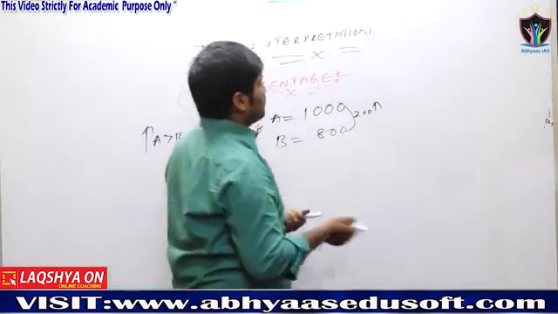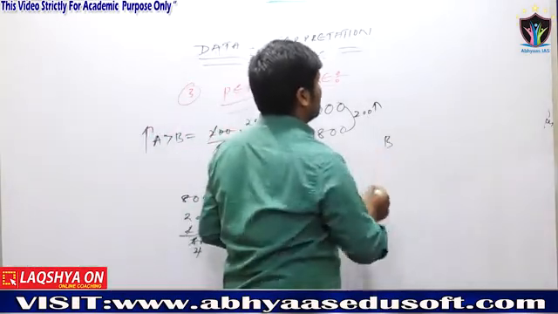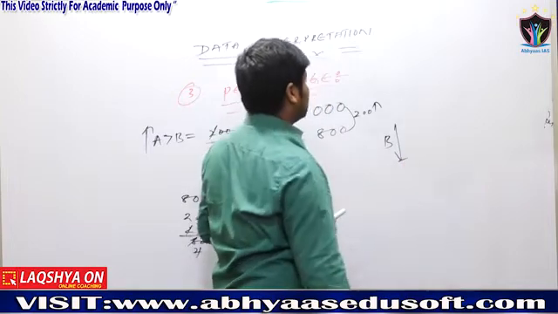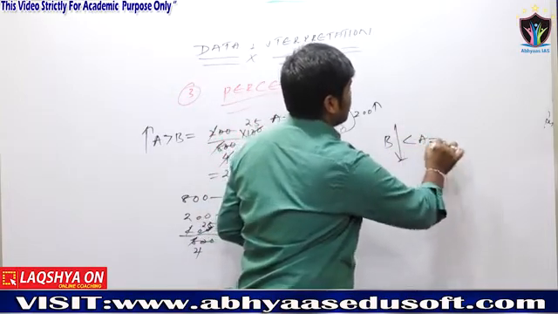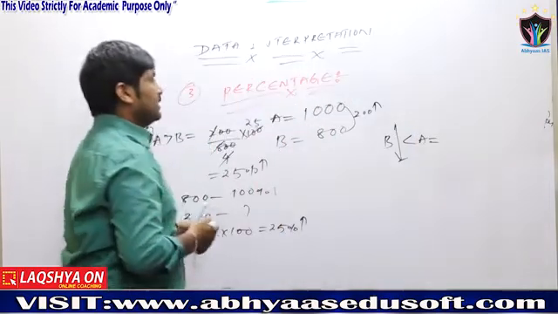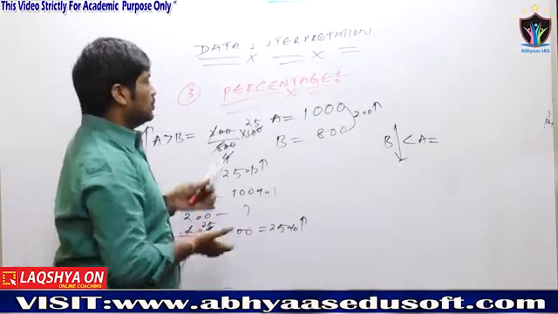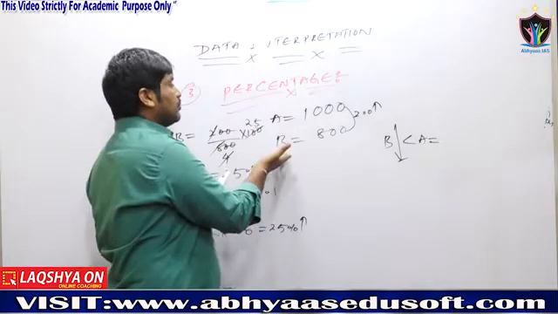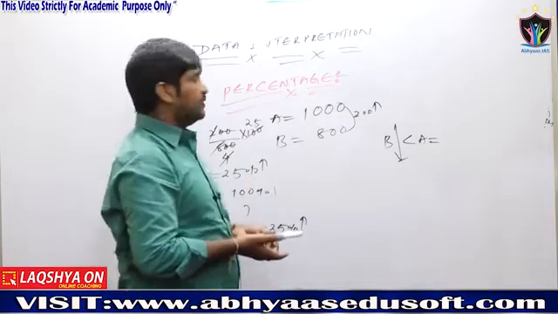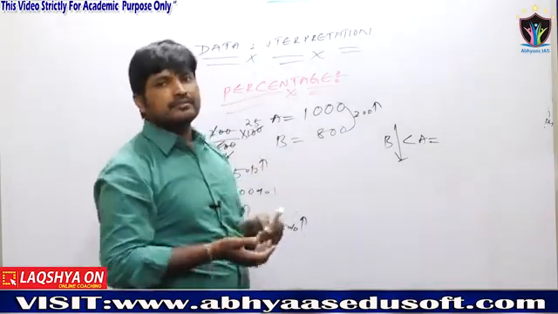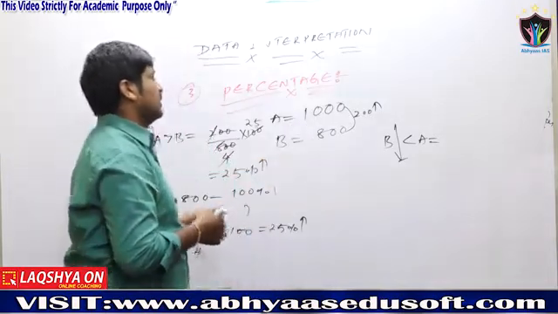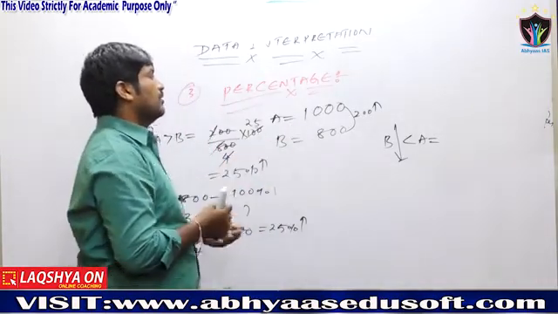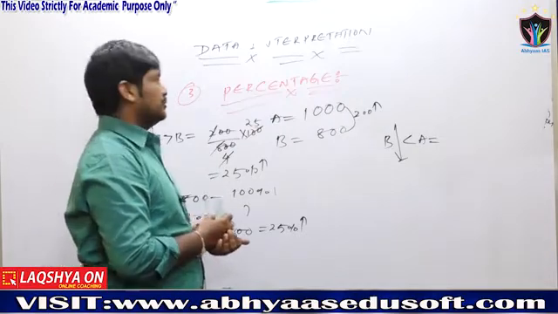And if the question is in reverse order, how much percentage B is less than A: here B is compared with A, so A is the initial value, and 1000 is the original value. Original value is always 100%.